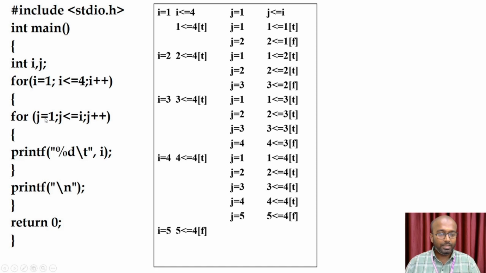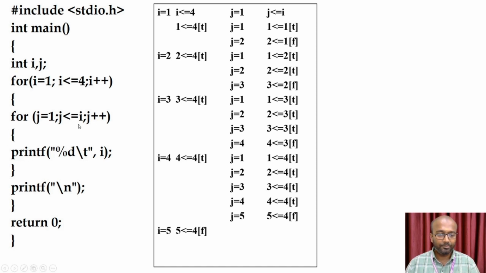Now j is initialized as 1, j less than or equal to i, so the condition is 1 less than or equal to 1, the condition is true. Since the condition is true, the printf statement is executed and the value of i, 1, is printed. After printing, j is incremented, j becomes 2, then the condition is checked, 2 less than or equal to 1, the condition is false.